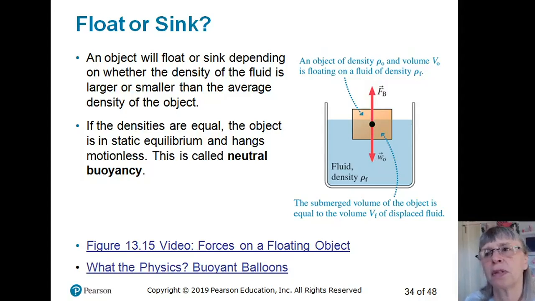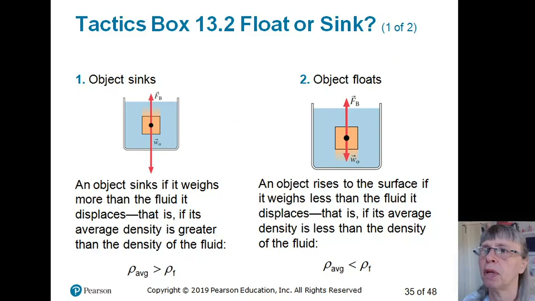The other thing that's on this slide I want to call your attention to is neutral buoyancy. Neutral buoyancy is when an object has the same density as the fluid around it, and it doesn't float and it doesn't sink. We'll get into this a little more on the next slide.